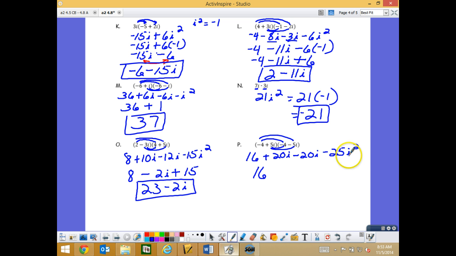Negative 25 times negative 1 is positive 25. And we end up with a real number of 41. So that is multiplying complex numbers. The big thing to remember is that whenever you end up with an i squared, that's always equal to negative 1.